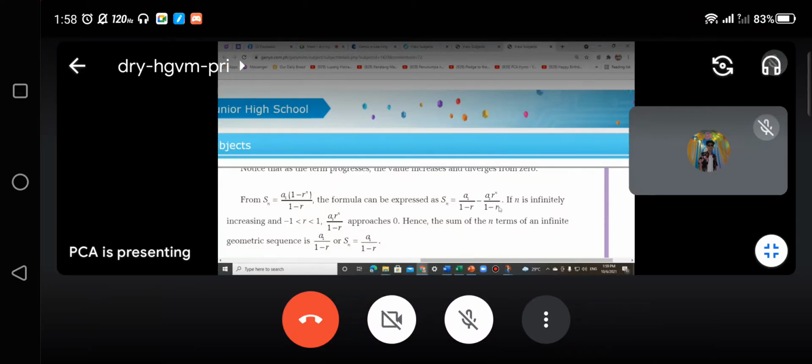do not have value anymore. Why? Because see, multiply your first term into this Rn. It's a ratio that is raised to kahit pa 1,000 yung n nyo dyan. Pag ni-raise nyo yung ratio, it is but what?